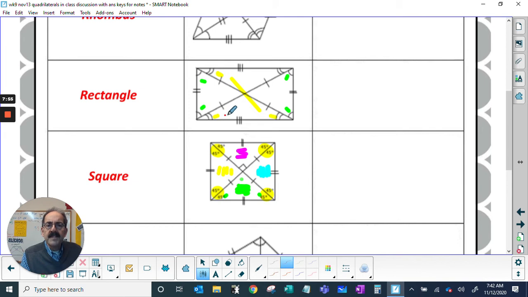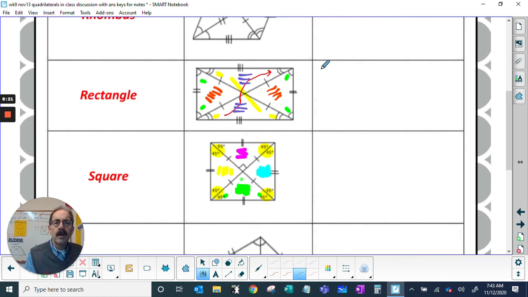That this angle goes to this angle. Can you visualize that? Can you see that this triangle is the same as that triangle? This triangle is the same as this triangle? These are the types of things I want to talk about.